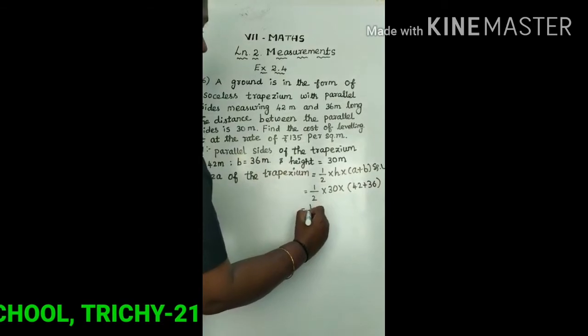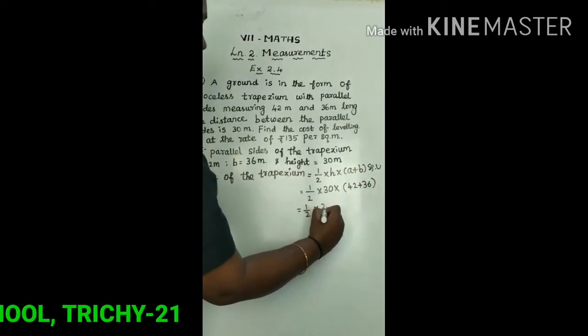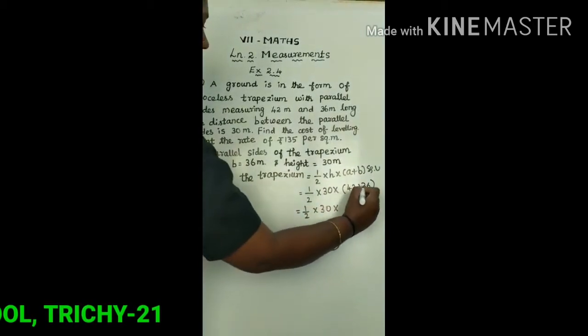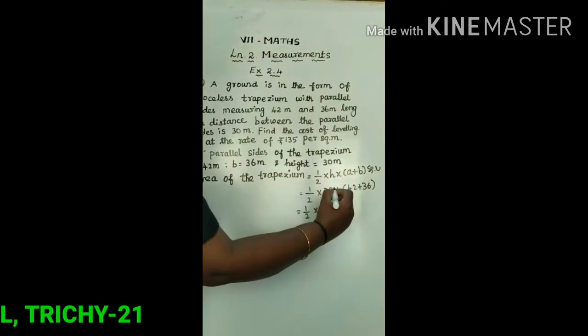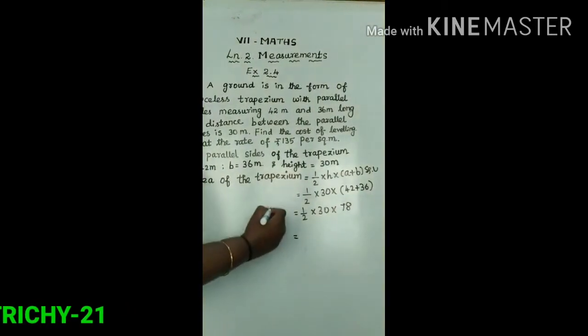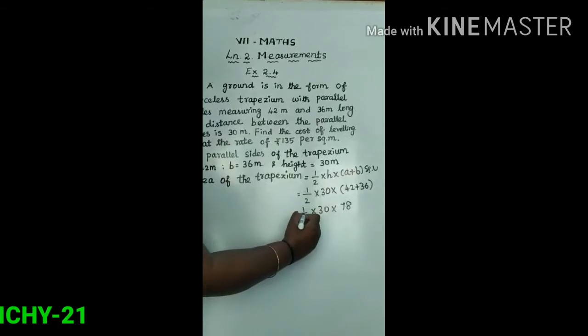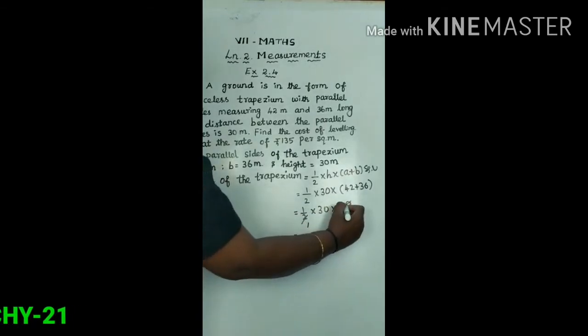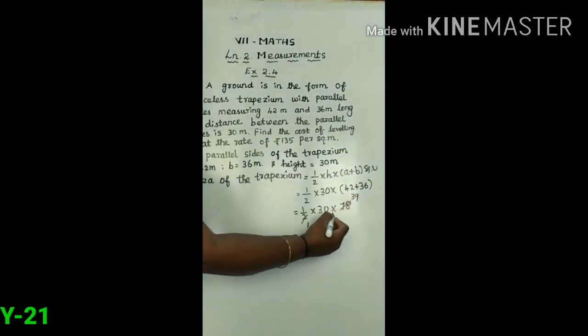So adding, 1 by 2 multiply with 30, and 42 plus 36 is equal to 78. Simplify now: 2 ones are 2, 39 twos are 78.